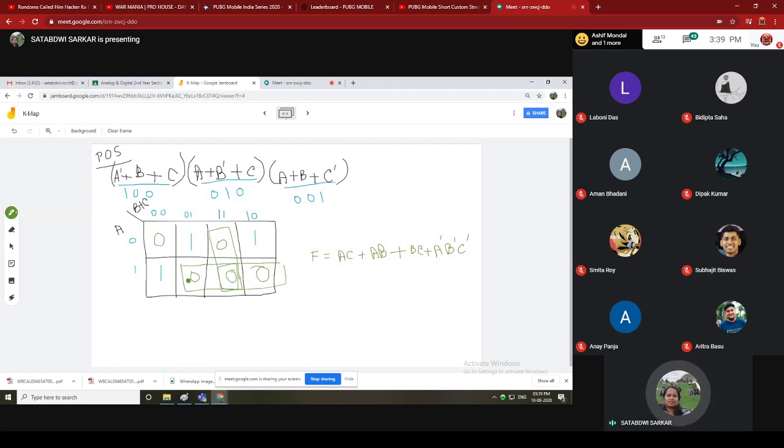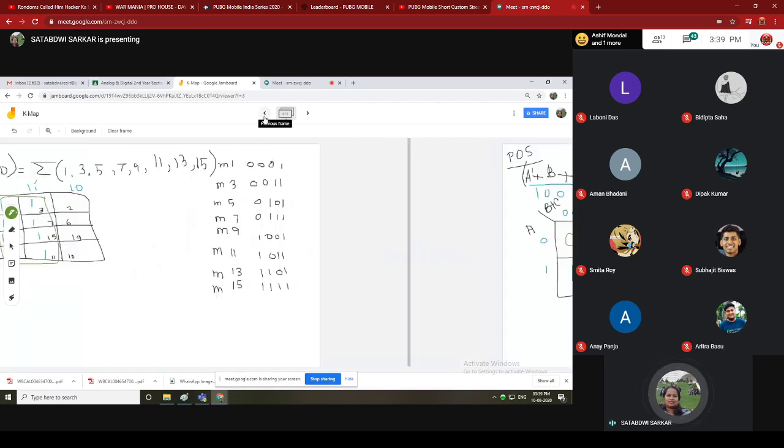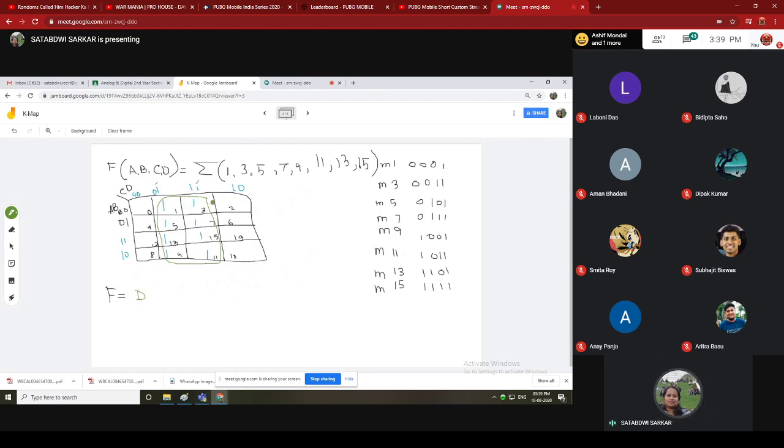Using 0, we have to make a group and minimize them. So that is the minimal form of POS expression. But in most of the cases, minimization of SOP is required. But sometimes POS also comes in the question.